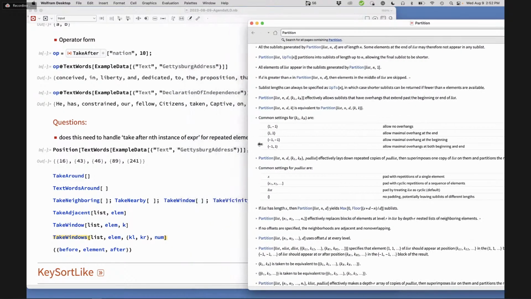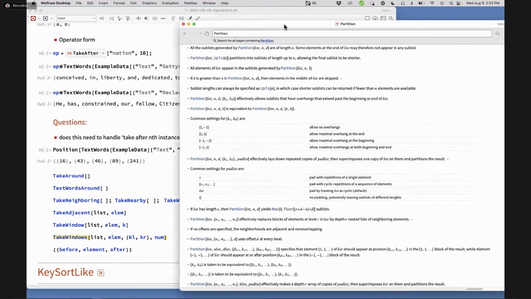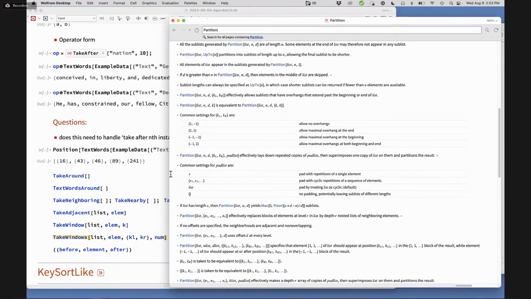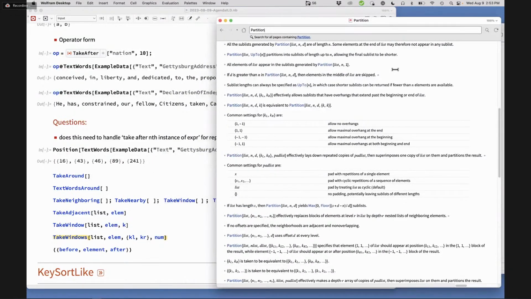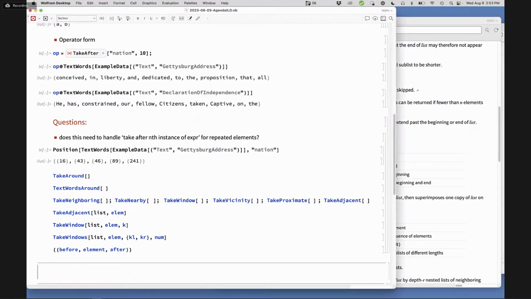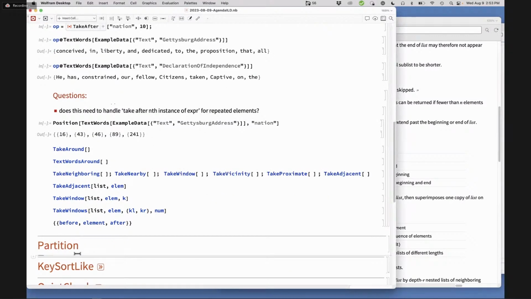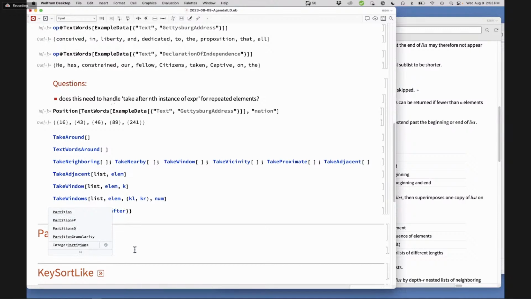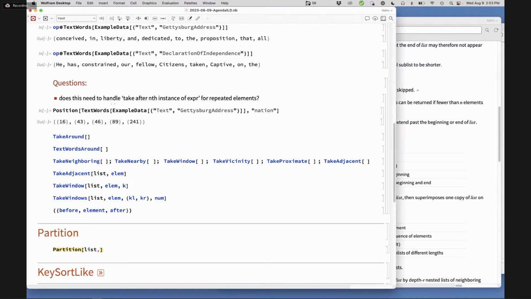I think the first question we should answer is, would this replace all arguments after the first, or do we want the first two arguments and then an association? I think the way it should work is Partition, list, n, and then S or D or whatever, that's reasonably rememberable.